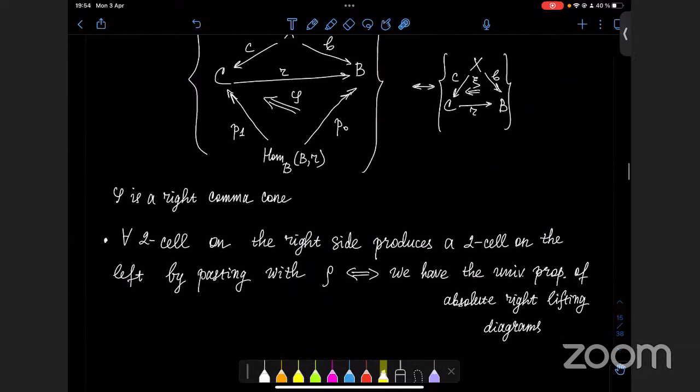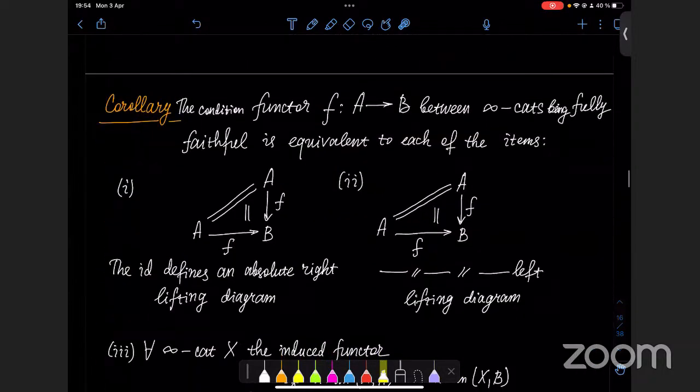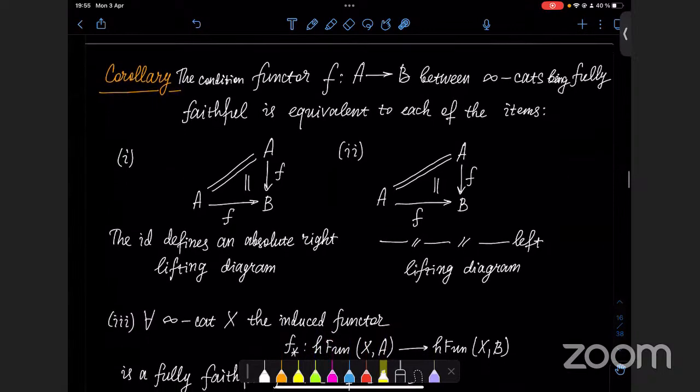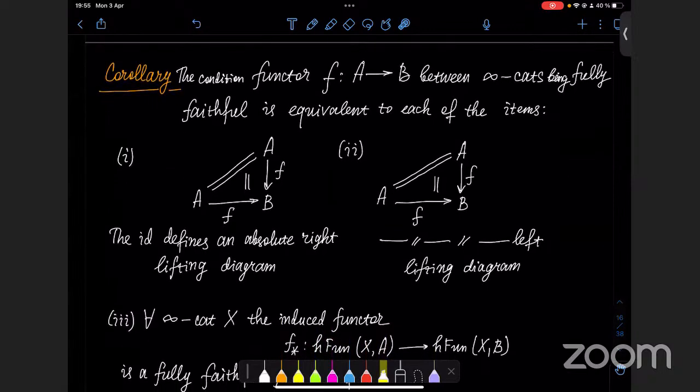Okay, now let's discuss the following corollary. Consider the condition. So you have some functor F between infinity categories, and the property of this functor being fully faithful is equivalent to each of these items.